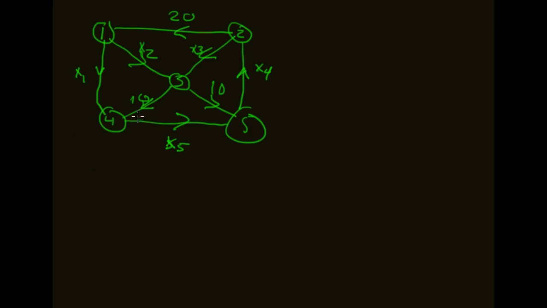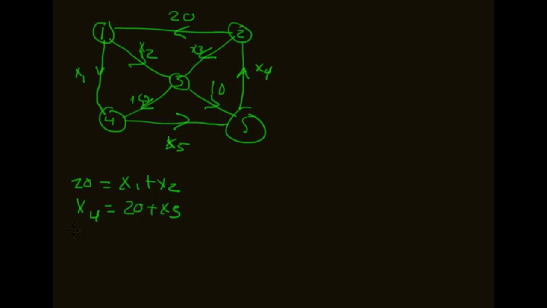So ultimately we're going to turn this into a Gauss-Jordan problem. We're going to do it node by node. If I look at node 1, the 20 weight going in has to equal the x1 plus the x2 weight coming out. The x4 weight at node 2 going in has to equal the 20 plus the x3 weight going out.